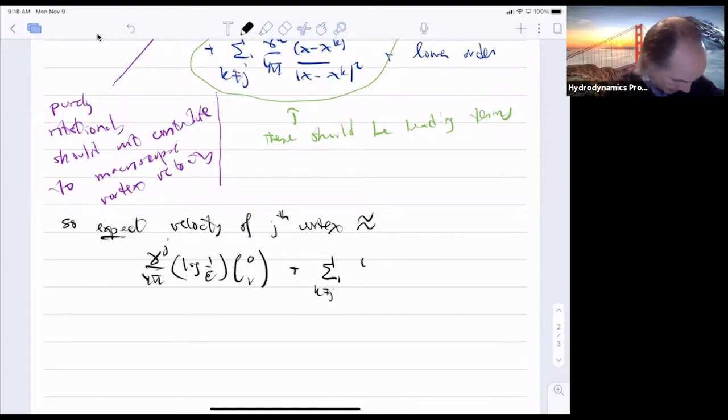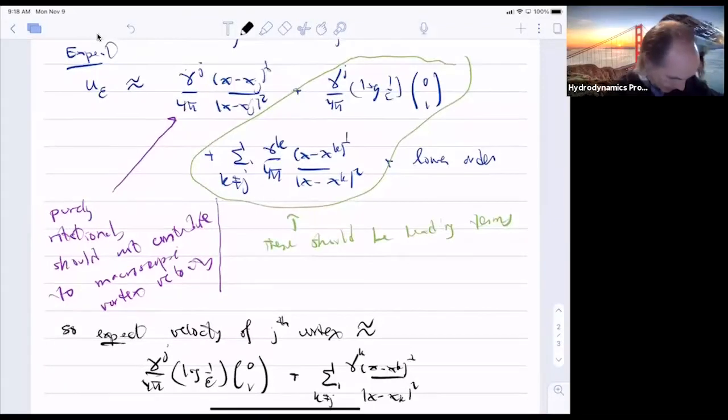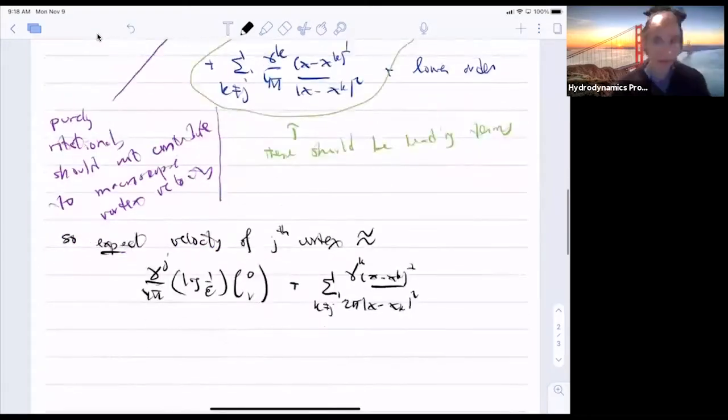And there's some signs here which I have forgotten. I think this is right. Yeah, that was right. Okay, and so we can consider different regimes.